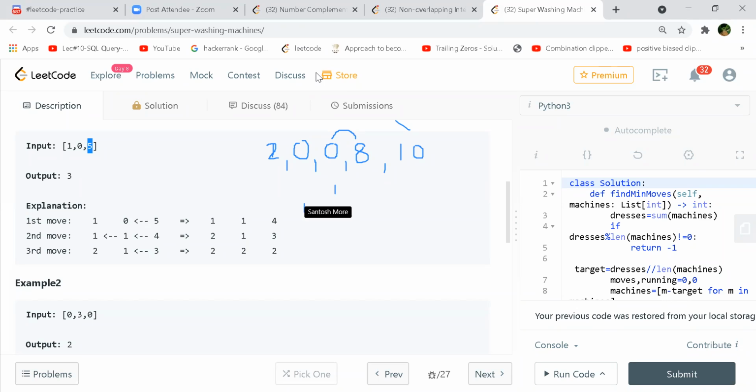And then again I move it, so this will be 1 1 1 in the third move, correct? So I've removed at least 3, so this becomes 5 here. I cannot move anything from this machine now, right? So this will now be 3, this will be 1 1, and this will be 5, and this will be 10.